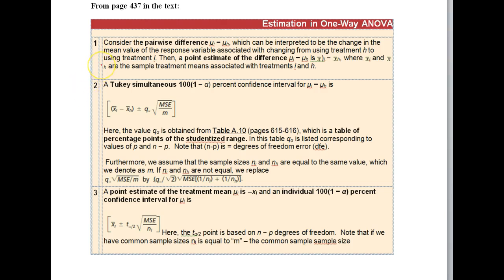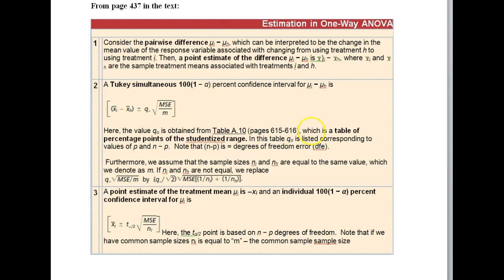If that weren't the case, if we didn't have the same number of pieces of data in each treatment, rather than using q alpha times the square root of MSE over m, we're going to be using q alpha divided by the square root of 2 times the square root of MSE times 1 over n sub i plus 1 over n sub h. So it gets considerably more complicated.